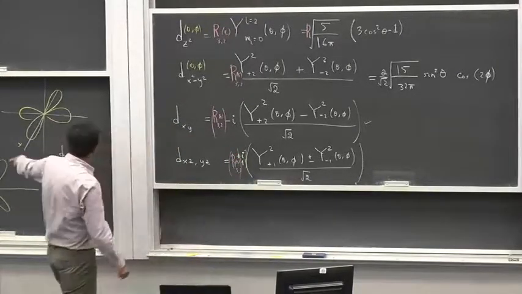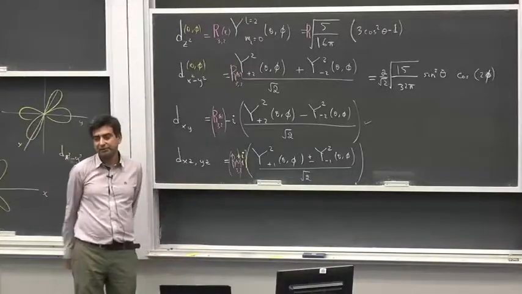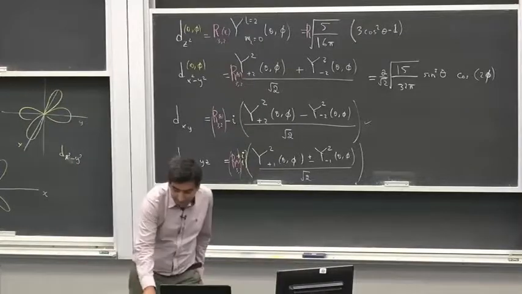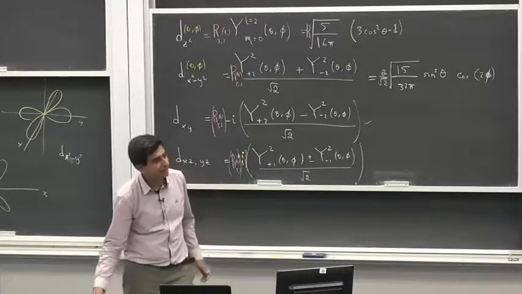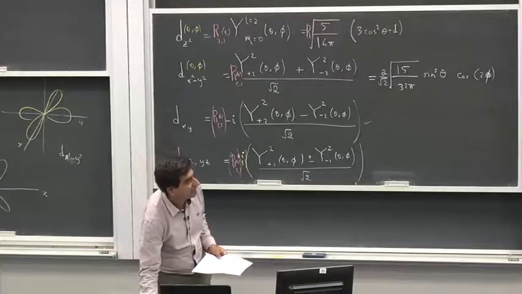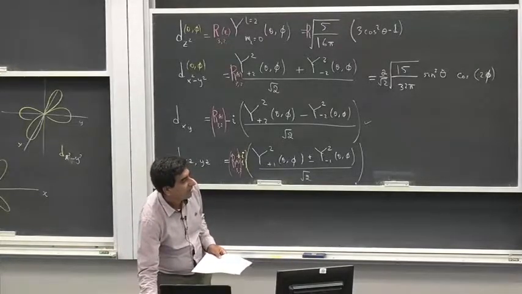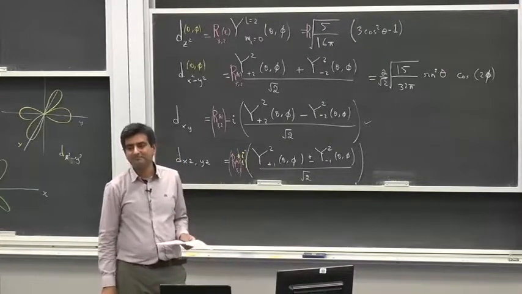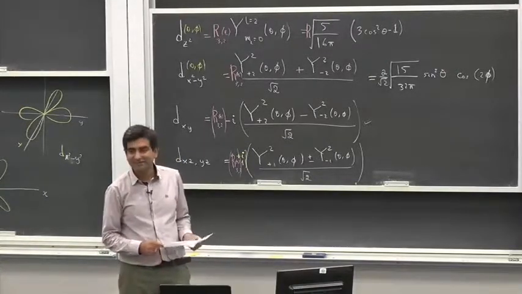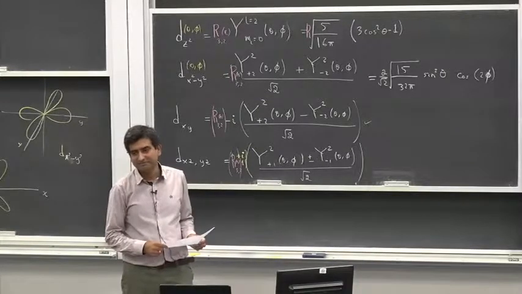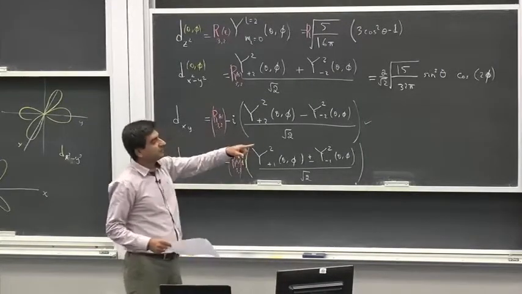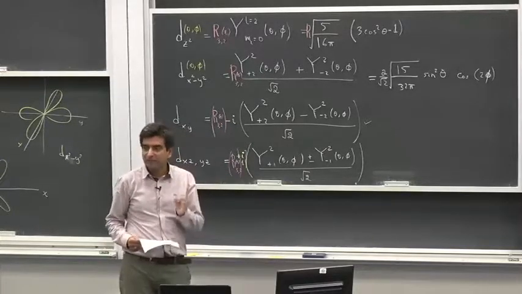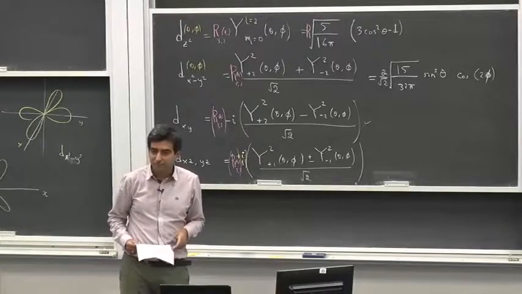What we've drawn here are just the angular parts. It's really difficult to draw the radial part along with this. And where are the radial parts? The radial parts are also given in the same sheet. So if you look here, I need to insert this value of R to generate the radial part. Okay, so each one of these is multiplied with the corresponding radial part of the wave function, which has n equals 3 and L equals 2.